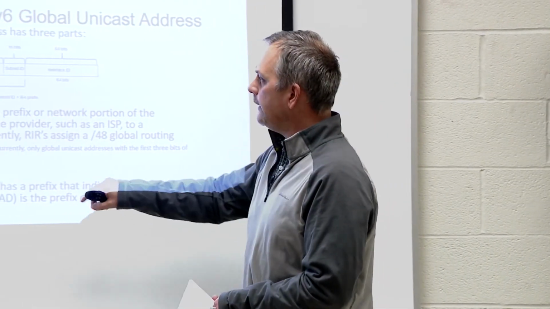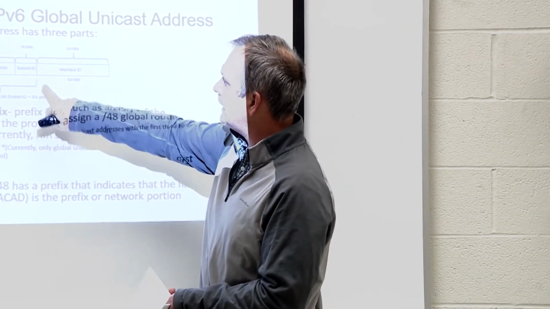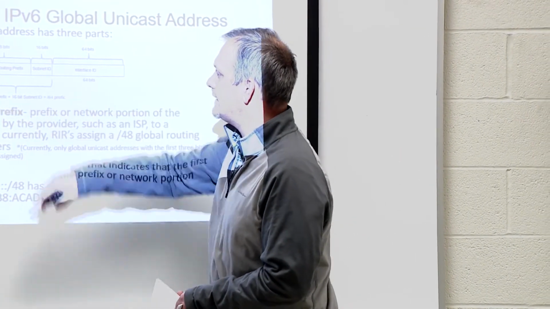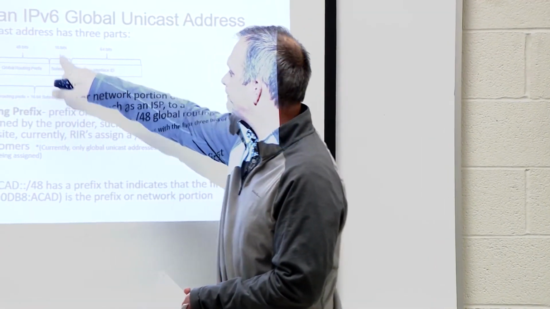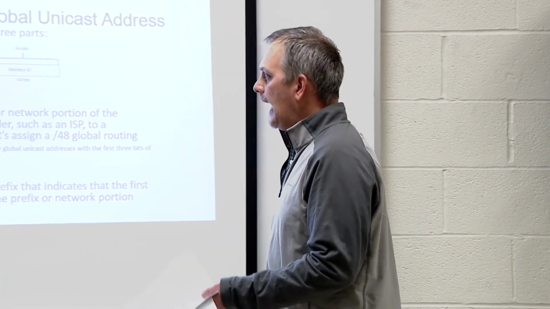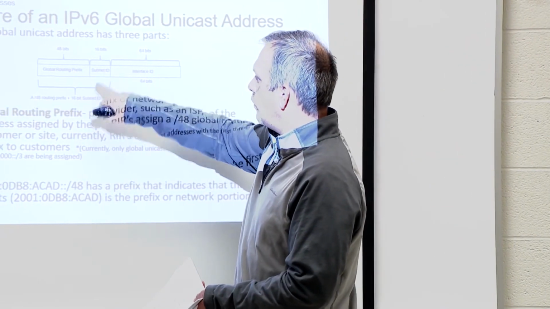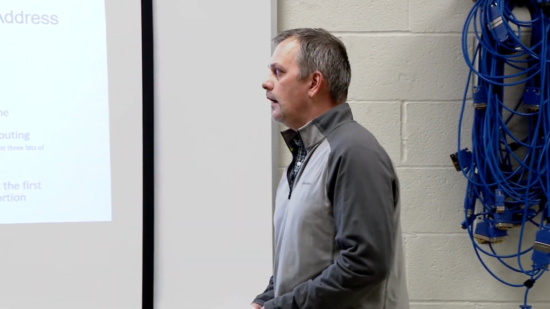The global routing prefix comprises the first 48 bits, and the subnet ID comprising the second 16 bits to create a total of 64 bits. Now, unlike IPv4, we use subnet IDs merely for addressing purposes and not to save or retain IPv6 addresses.